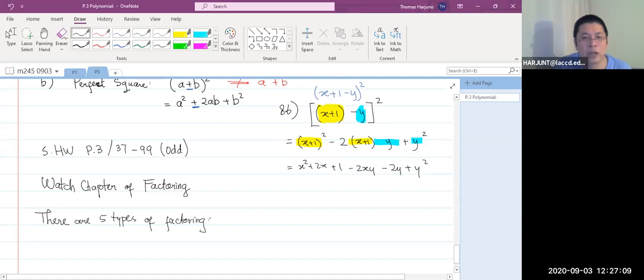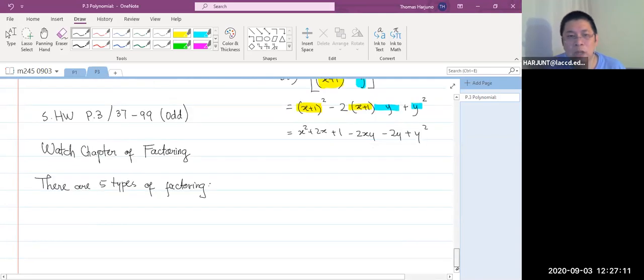So when you study, you may want to study it in this order. Okay, the first one is greatest common factor. If you have a common factor, always pull that common factor out first. Second, grouping. Usually greatest common factor and grouping are combined in one section.